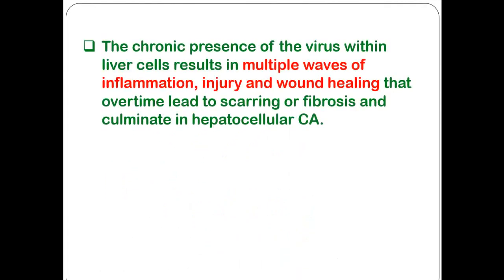If there is chronic presence of the virus within the cell, it results in multiple rounds of inflammation, injury, and wound healing, as a chronic inflammatory process, and over time this will lead to scarring or fibrosis and culminate in hepatocellular carcinoma, although as we say it is rare in children.